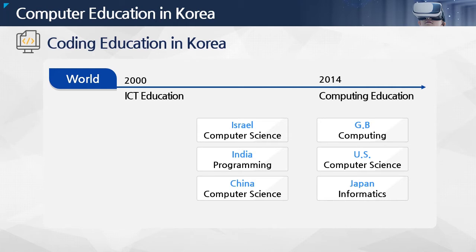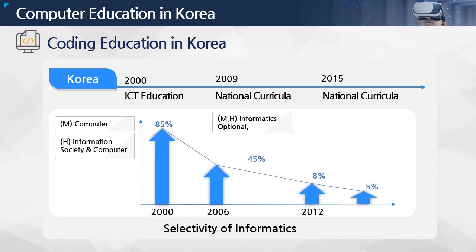Here you can compare Korean information education with information education in other countries. As shown in the previous slide, we can see that computing education is expanding globally since 2000. However, in Korea, information education from 7th to 9th grade is radically decreasing.